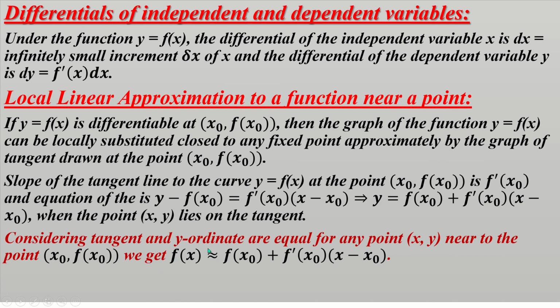This is the approximation sign, as we have to find the local linear approximation. This is equal to f of x0 plus f prime x0 into x minus x0. Clear? This is called linear approximation. Using this formula, we have to find the local linear approximation. Clear?